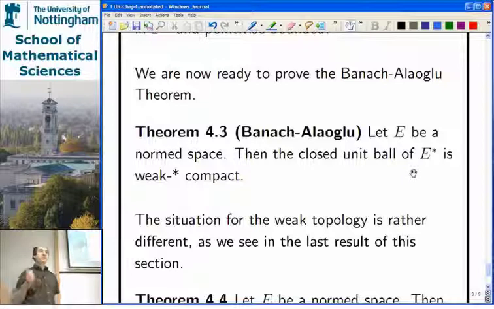Now, we know the weak star topology is the subspace topology from the product topology on F to the E. So what you're asking here is that it's a compact set when given the product topology. This is the same as saying that it's a compact subset of F to the E with the product topology.